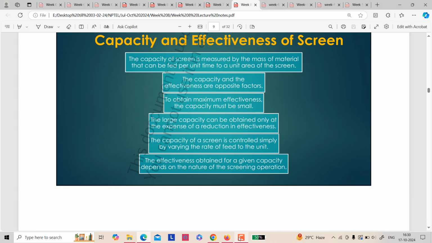That means to obtain maximum effectiveness, the capacity must be small. The large capacity can be obtained only at the expense of a reduction in the effectiveness. The capacity of a screen is controlled simply by varying the rate of feed to the unit.